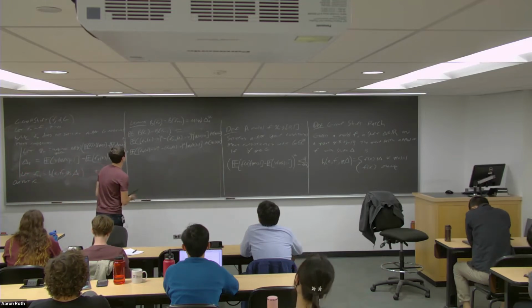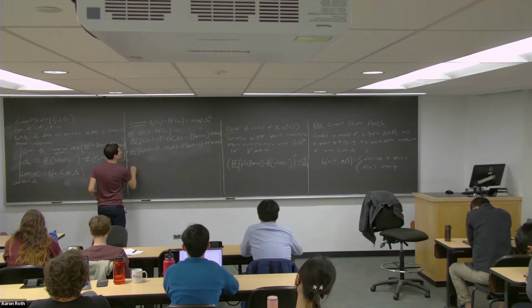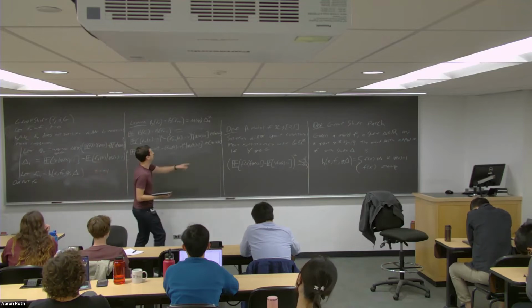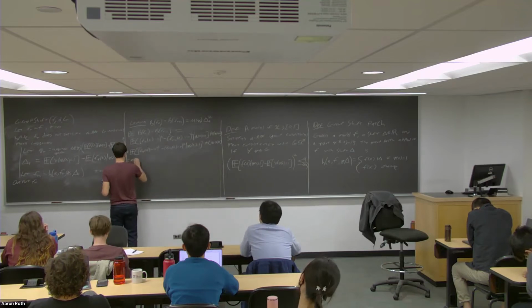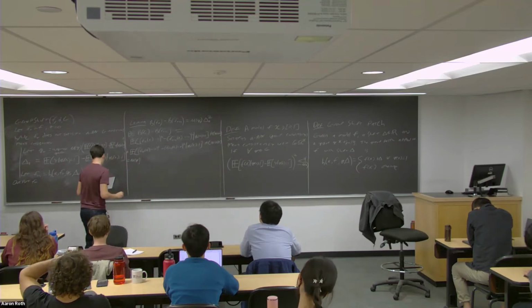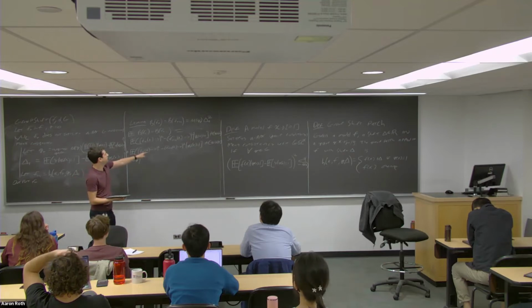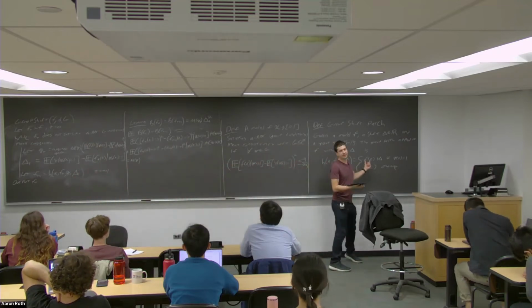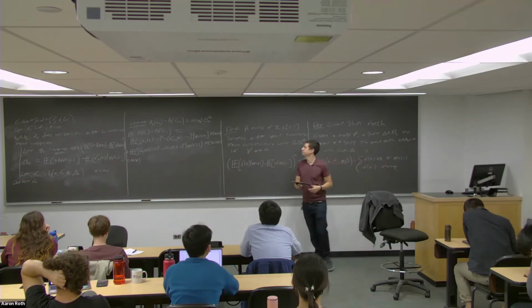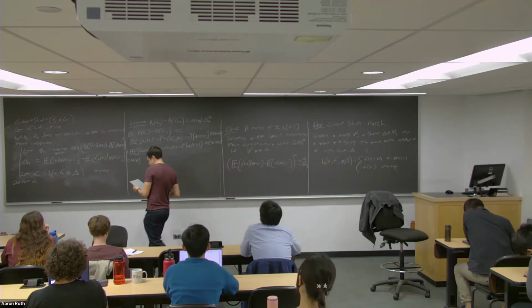Okay, so what is the second term? Well, the probability that we're in group G, that's just mu of G. And we know what f_{t+1} is conditional on being in group G. It's just f_t plus delta. So we can write that out.